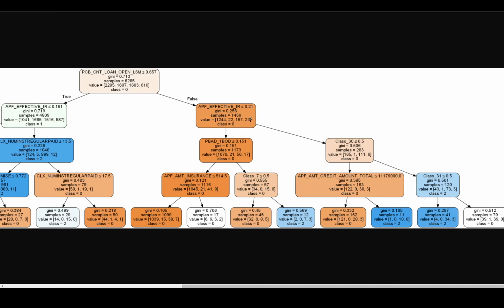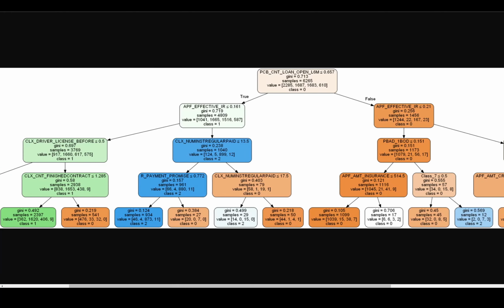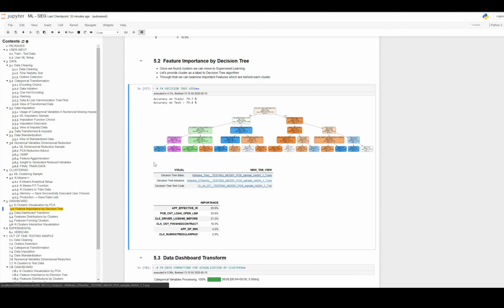Left is always true, right is false. PBAD, the probability of default, is less than 0. Finally, the insurance is less than 500, and it's true, and we are on the class 0. So it seems that for this node, cluster 0, the definition is they are pretty nice guys.